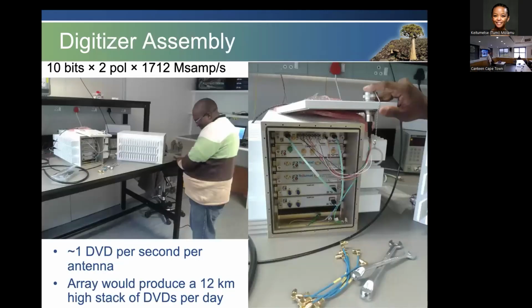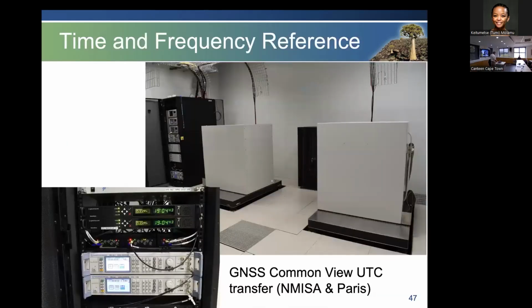Just on the digitized side of things, that work was all done here in-house, and you get tremendous amounts of data out of these things. Again, the time and frequency reference is a really, really important part of the whole system. Rainier and others have done fantastic work on this. It's not just having the local time and frequency reference.